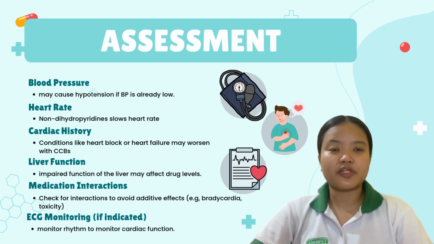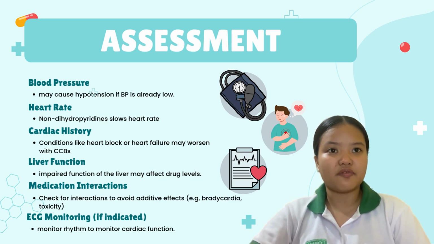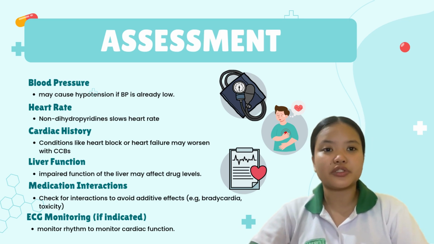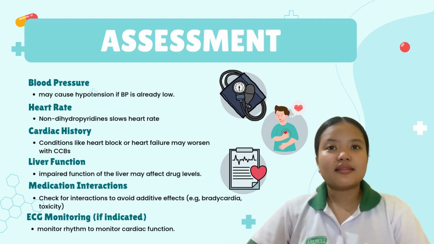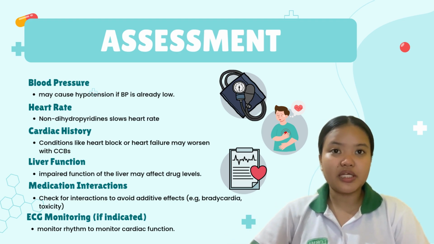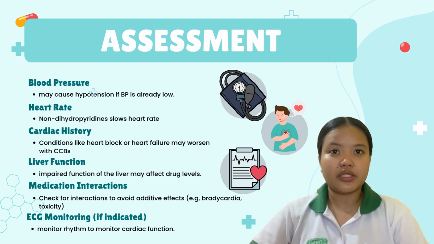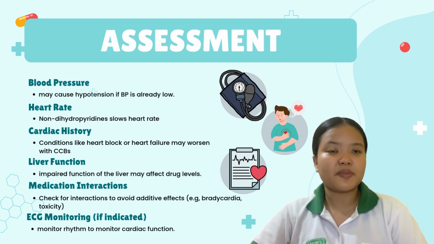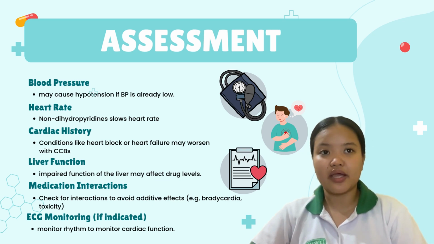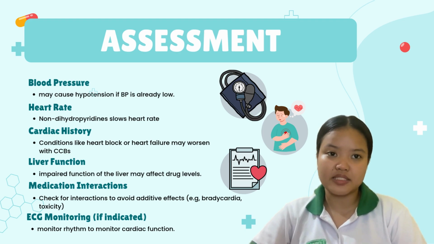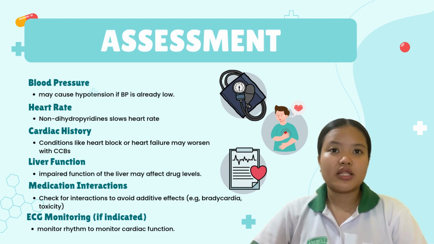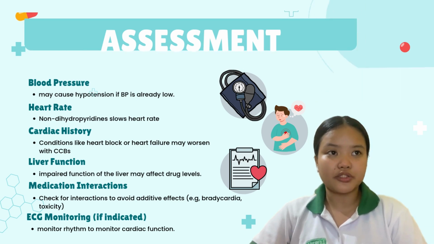We have to check for interactions to avoid additive effects such as bradycardia or toxicity. Next one is ECG monitoring if indicated. CCBs can affect cardiac conduction. Therefore, monitor rhythm, especially in patients on IV CCBs or with arrhythmias, in order to monitor their heart conduction.